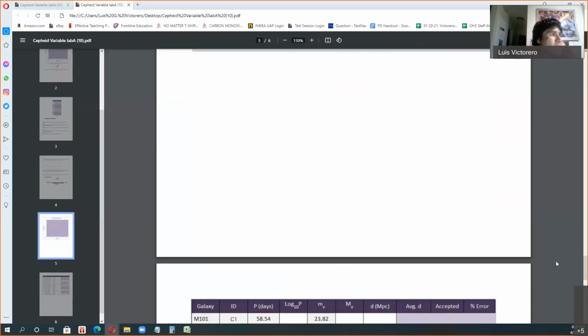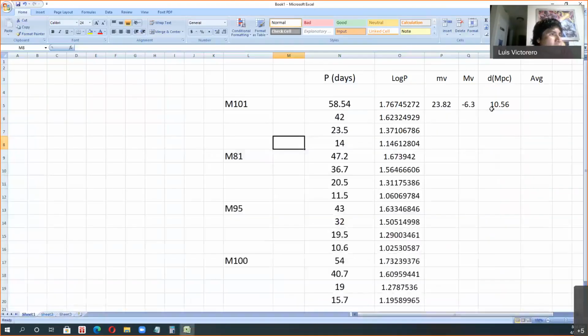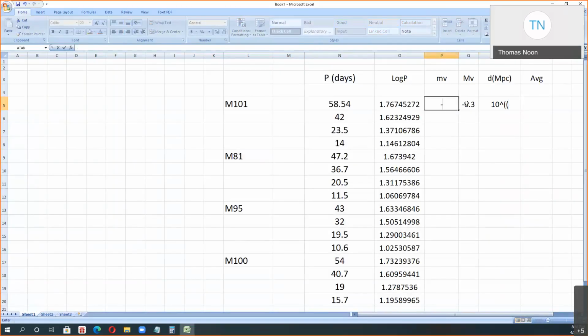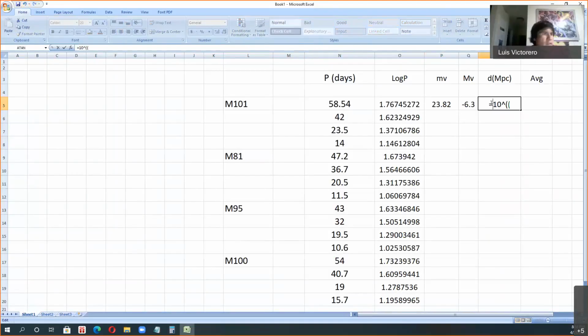All right. How will you do this in Excel? Let's suppose I want to do this value in Excel, because I did this with a calculator. I can do this: 10 to the power of, parentheses, another parenthesis, m minus M, and so on: 10 to a power of this minus this plus 5, divided by 5.